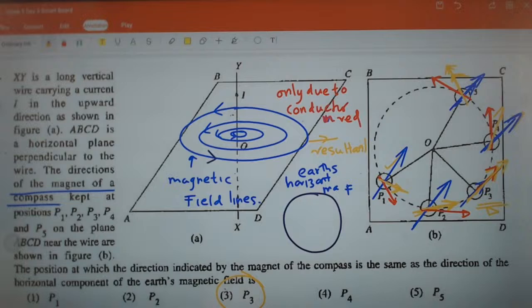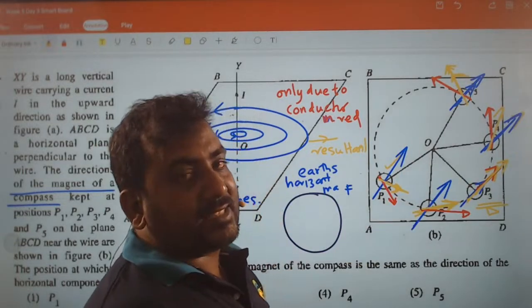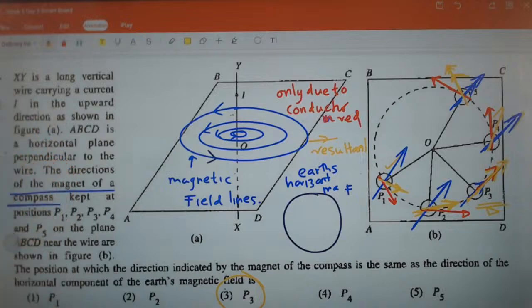The blue color lines indicate the Earth's horizontal magnetic field.